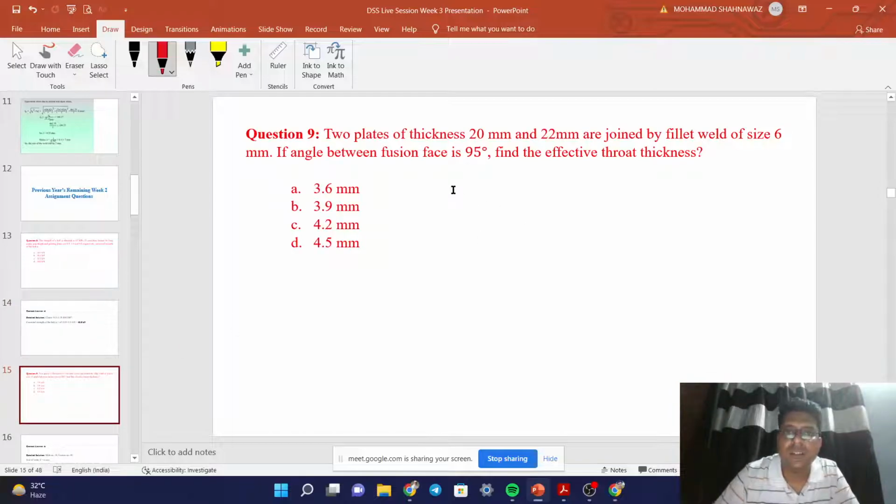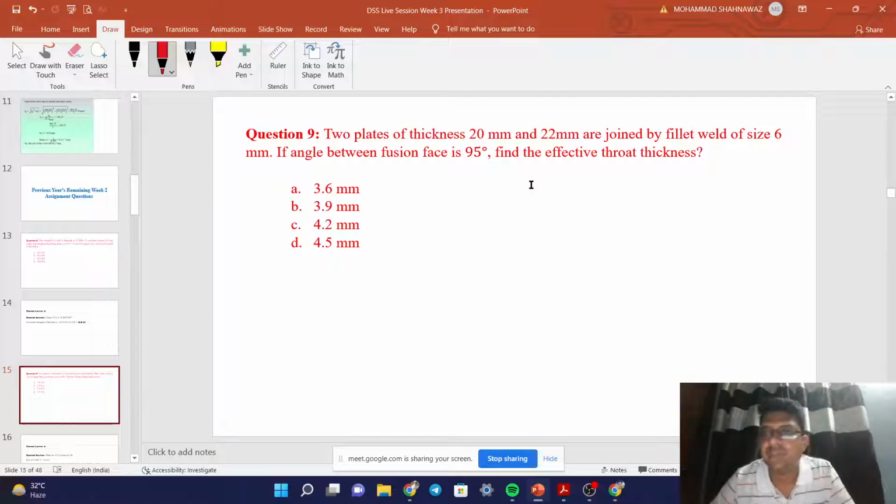Further, two plates of thickness 20 mm and 22 mm are joined by a fillet weld of size 6 mm. If the angle between the fusion faces is 95 degrees, you have to report the throat thickness. We have already studied that throat thickness is equal to k into s, k into the size of the weld.